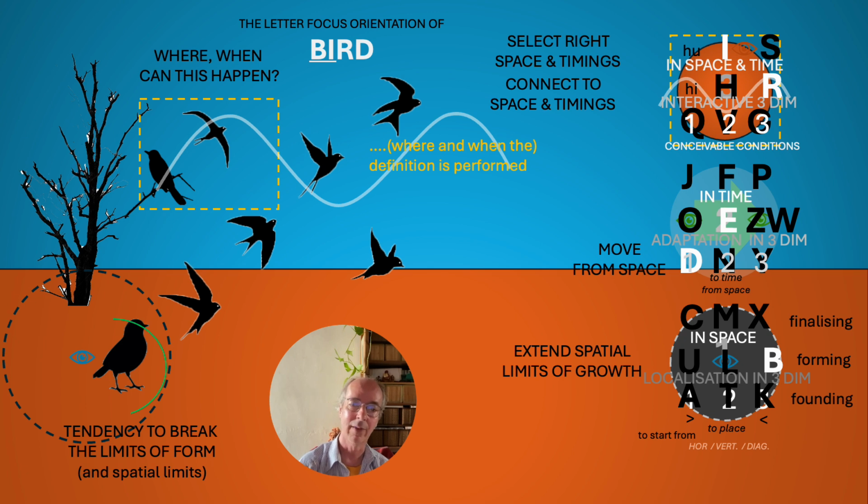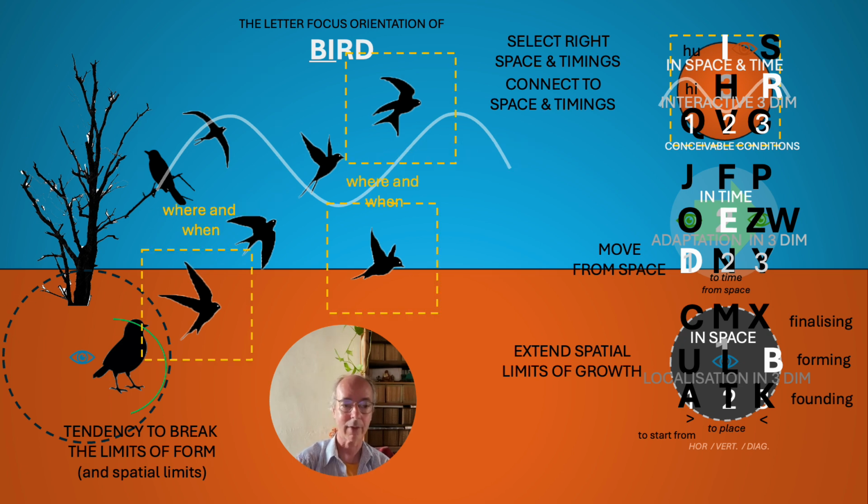Where and when, and where can we then define ourselves as a bird? Where can the bird define itself? I frame it already to one position, or to one of the positions there. I'm going to still look for the position where I can reach my limits actually. And here I will frame them out, where and when.